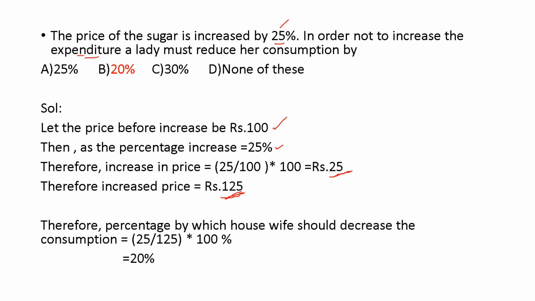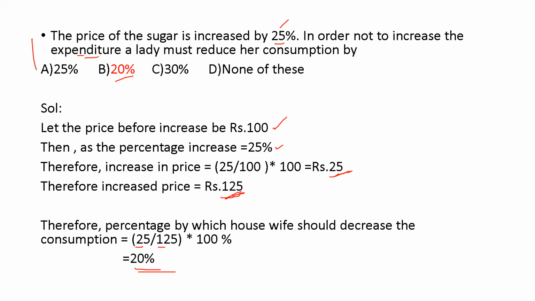This is done the same way as in the previous question, but they have asked a different question. Therefore, the percentage by which the housewife should decrease the consumption is 25 divided by 125 into 100. So the answer is 20%.